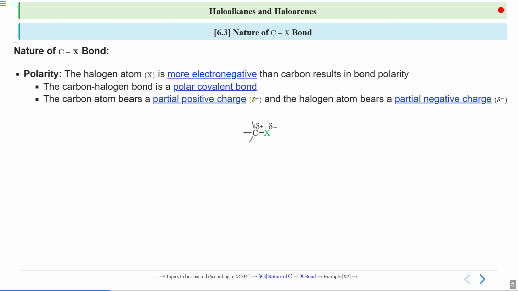Carbon has a delta positive charge and the halogen has a delta negative charge, created due to the polar covalent bond between them. Why? Because the halogen is comparatively more electronegative and has more ability to attract the electron pair toward itself than the carbon.